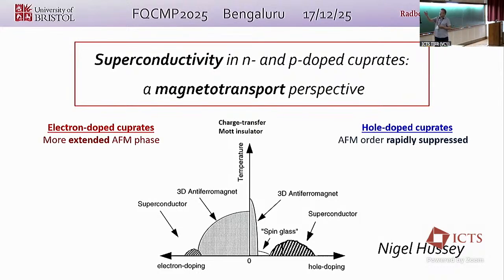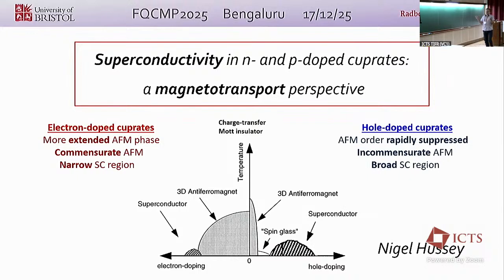For example, on the electron doped side, you have a much more extended antiferromagnetic phase, largely due to the smaller U and potentially larger J in that case. Also, importantly for this talk, the antiferromagnetism remains commensurate throughout the phase diagram, whereas it develops very rapidly this incommensurate nature and ultimately leads to stripes on the hole doped side.